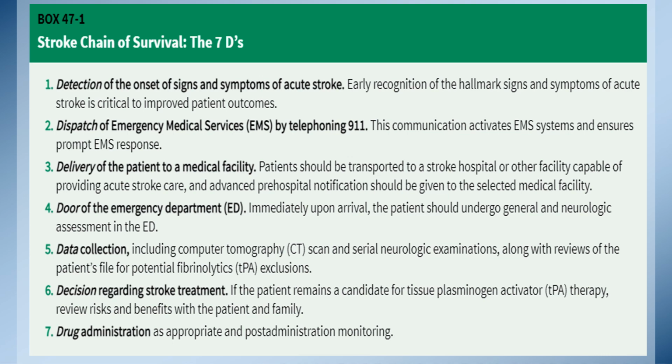So number 1, you want to detect the signs and symptoms of an acute stroke immediately. Once you detect these signs and symptoms, call 911 because it is important to get them to the hospital as soon as possible, because if it is an ischemic stroke, then they may qualify for the clot busting drug, the TPA, but we have to determine if it's ischemic or hemorrhagic in nature before any treatment can be administered.